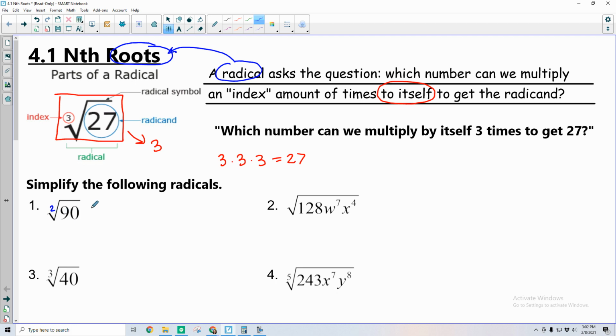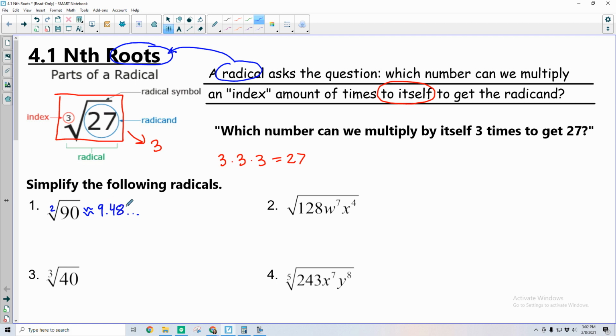If you were to plug this into the calculator, you do get a decimal. This is just to estimate: the square root of 90 is 9.48, and then there are more decimals going on and on forever. You can test this out right now.